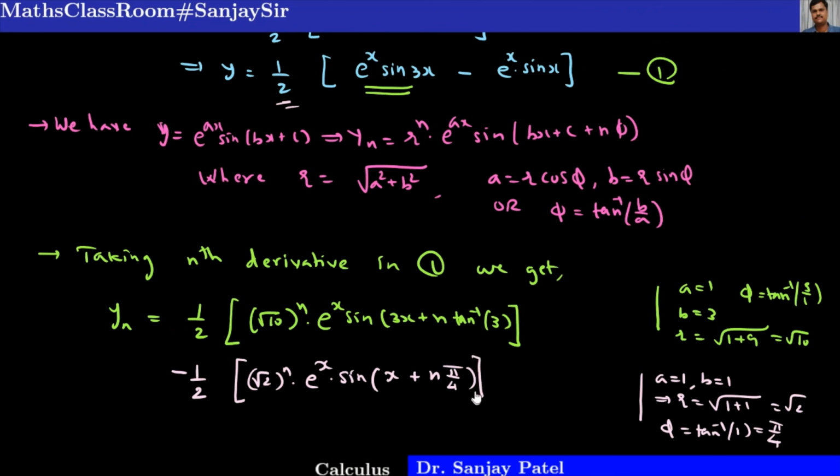So this is our nth derivative of the given function. This way you can find the nth derivative of some functions involving sine and cos. With this we end this lecture, and in the next lecture I am going to discuss problems based on Leibniz theorem, and that will be very, very interesting. So thank you.